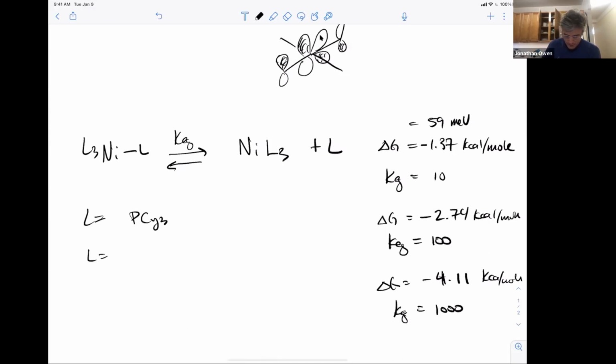If L equals tri-tert-butylphosphine, you can't make the tricoordinate compound because it's too big. Tri-tert-butylphosphine is a honking phosphine. It's huge, so there's just not enough room. If you were to force that phosphine on there to make a bond, it's going to want to fall apart.